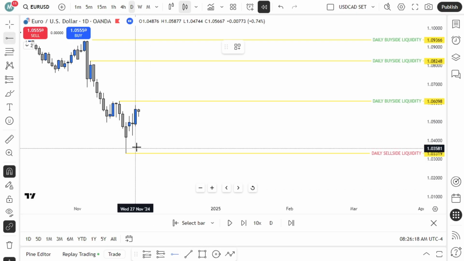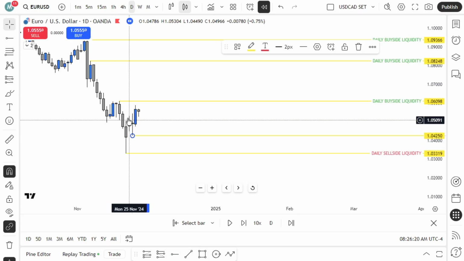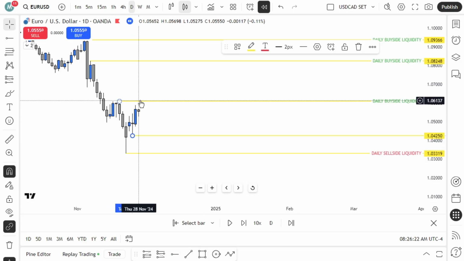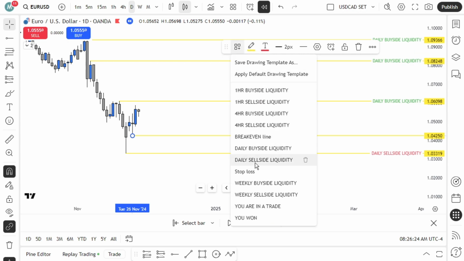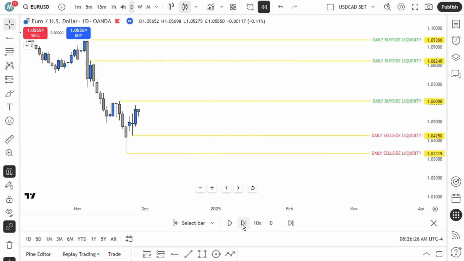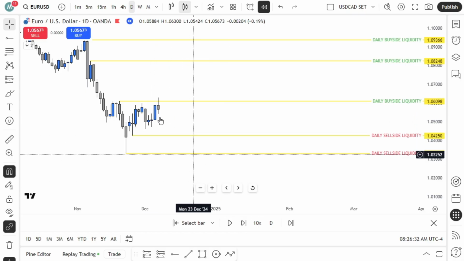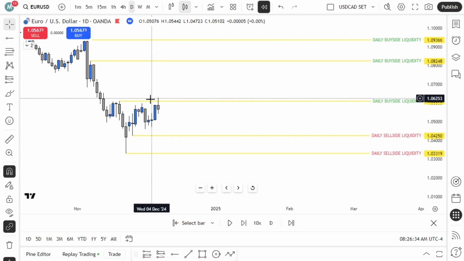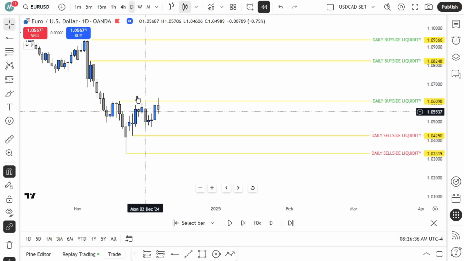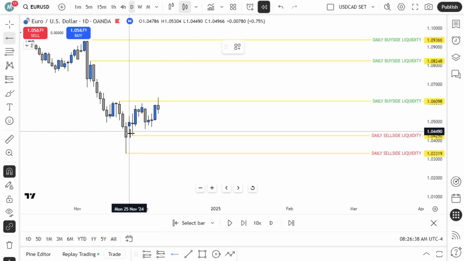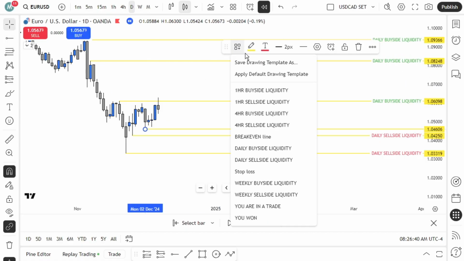And now again, we have a next sell side liquidity because price pushed up, pushed down, and then pushed back up, making this a next sell side liquidity. As you see, price wicked into our buy side liquidity, sweeping liquidity, making a new swing low, making this sell side liquidity.